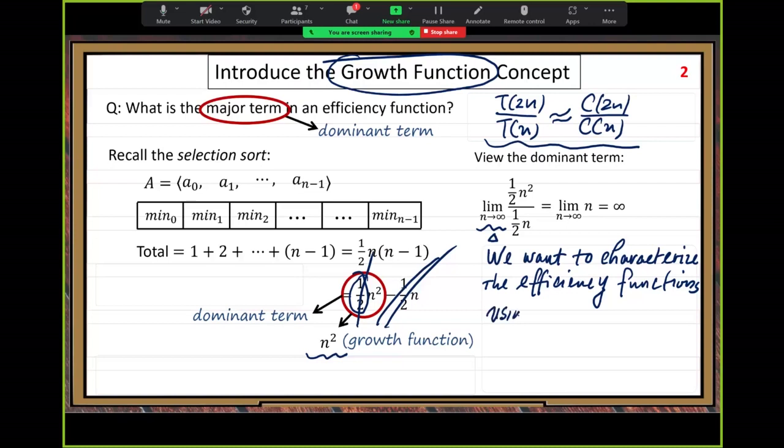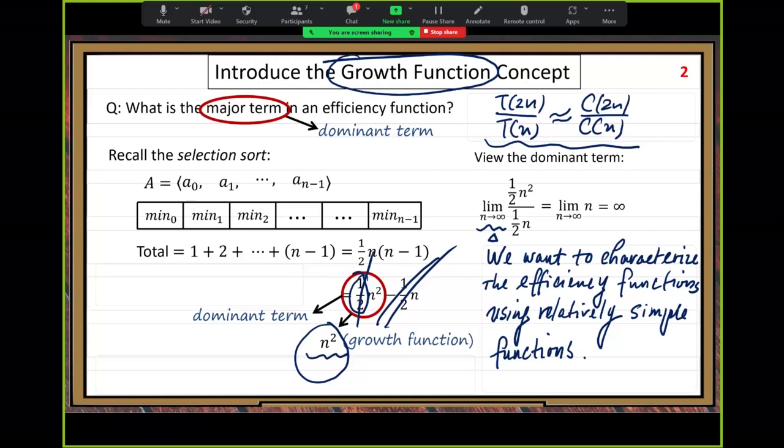using relatively simple functions. Here you can see we do 2 rounds of simplification, so we want to make our growth function as simple as possible.